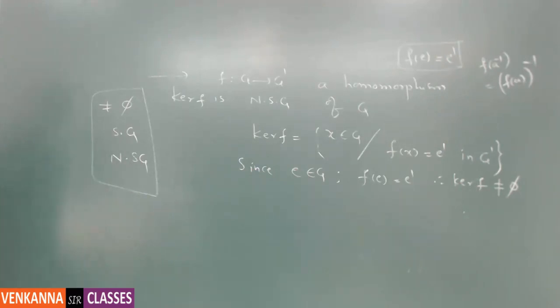Coming to the second criterion: how to prove that it is a subgroup? What procedure do I need to apply to show that kernel f is a subgroup? Generally, whenever I have a set and want to show that it is a subgroup, what procedure do I need to follow? Yes, you apply the necessary and sufficient condition.